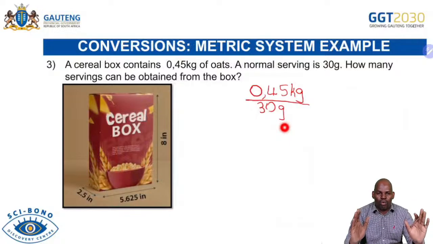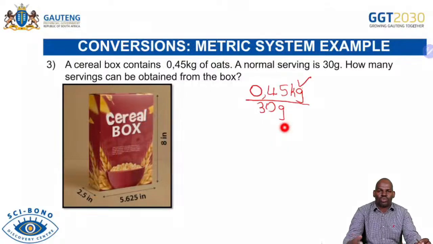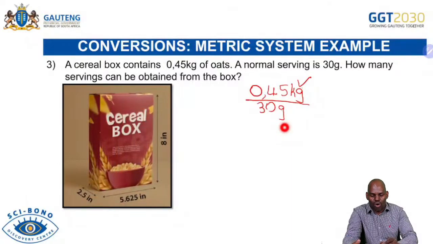You will know that you have to divide, but the most common mistake is forgetting that the units must be the same. If you've got 0.45 kilogram and you divide it by grams, there are two ways of doing it: convert the kilogram to grams, or convert the gram to kilograms.